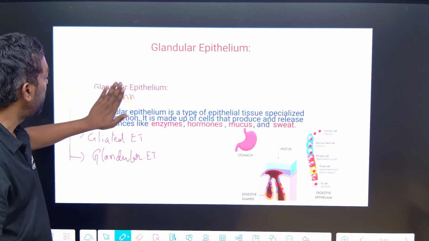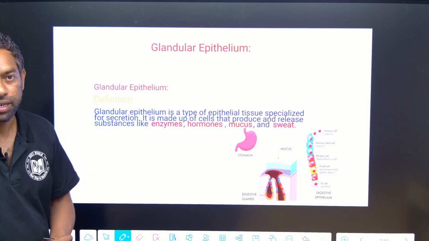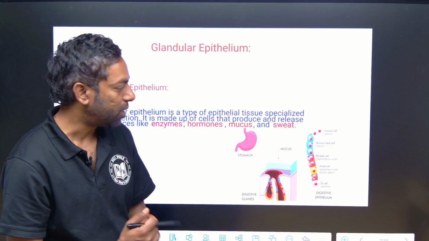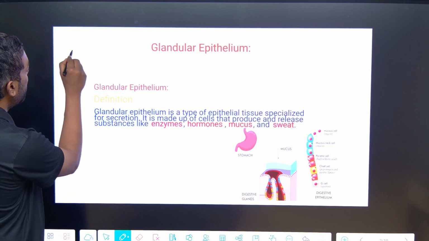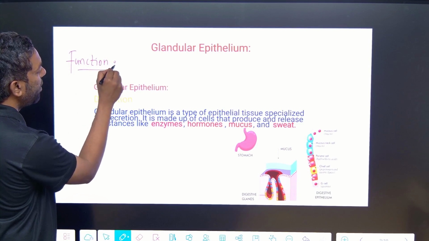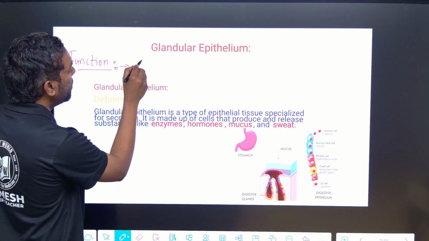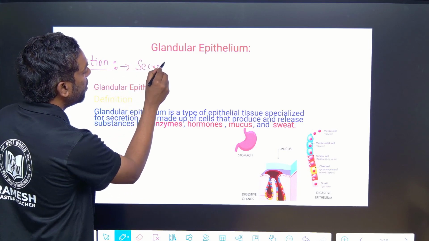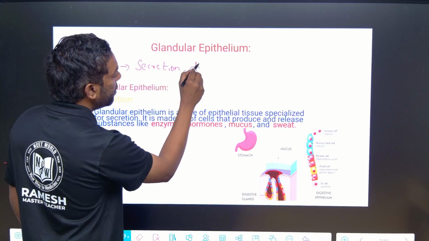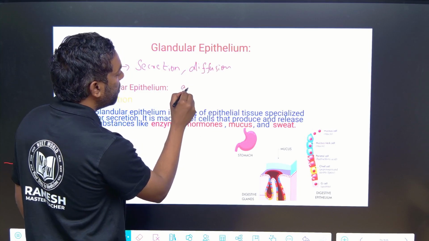Based on their function, epithelial tissues form different structures. The functions of the epithelial tissue are protection, secretion, diffusion and absorption.